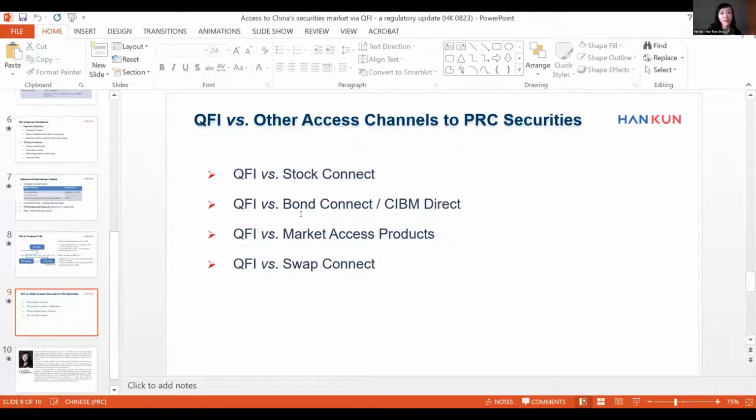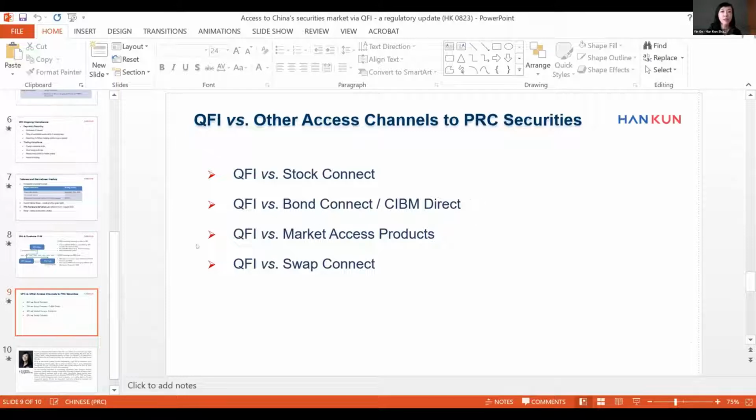And for Bond Connect, it's quite similar. The Bond Connect or the CIBM Direct are limited to RMB bond products, but the QFIs cover bonds as well as other asset classes.